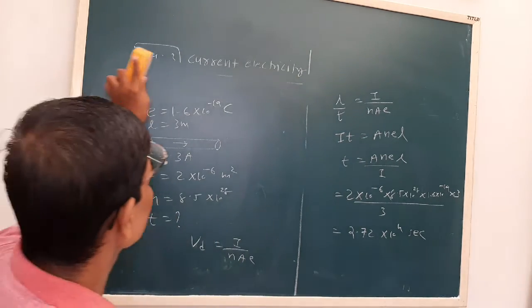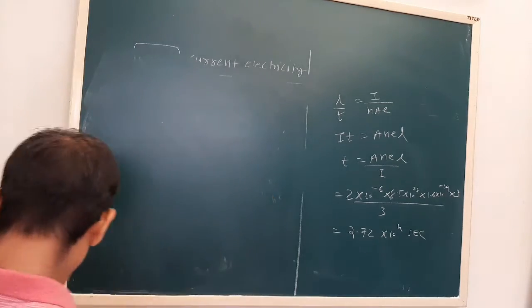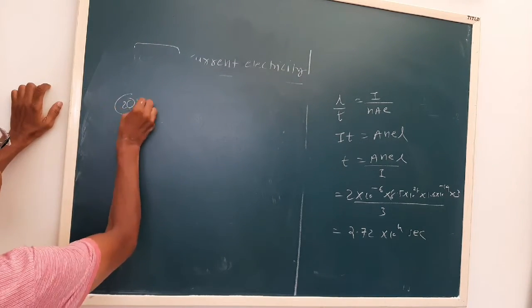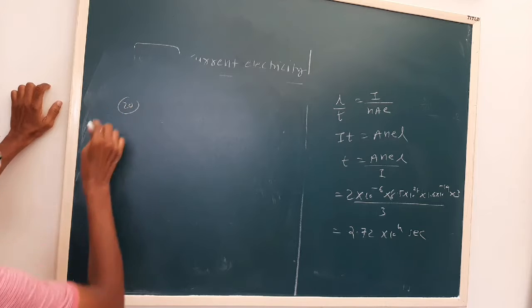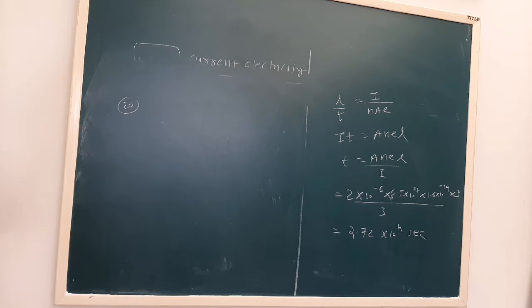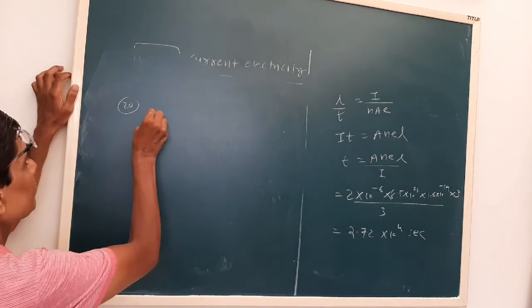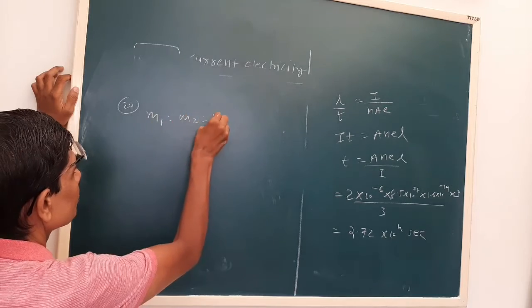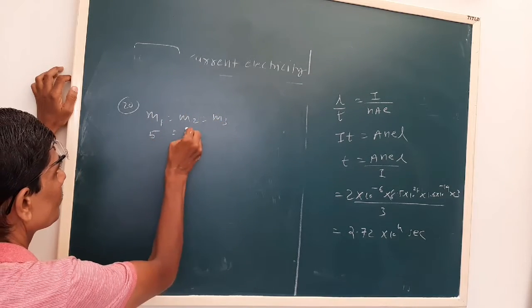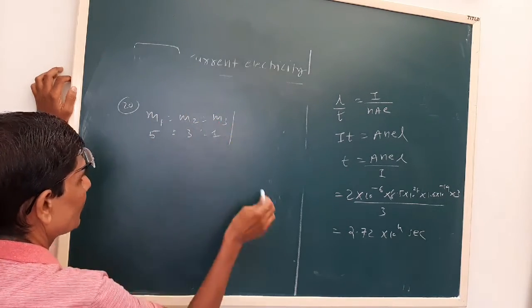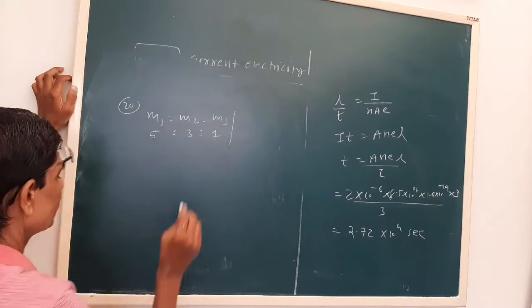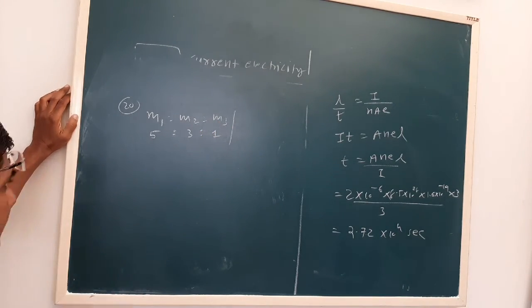Now see our next MCQ, that is number 20. See, the mass of 3 copper wires is in the ratio of 5:3:1, and the length is in the ratio given.